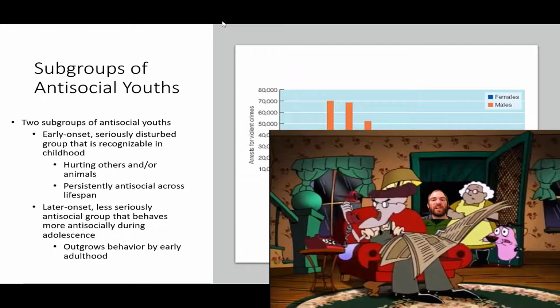There's the early onset subset, a seriously disturbed group that is recognized in childhood. Typical features are hurting others and or animals, and persistently antisocial behavior across the lifespan. Versus the later onset group, which is more normative, a less seriously antisocial group that behaves more antisocially during adolescence and outgrows that behavior by early adulthood.